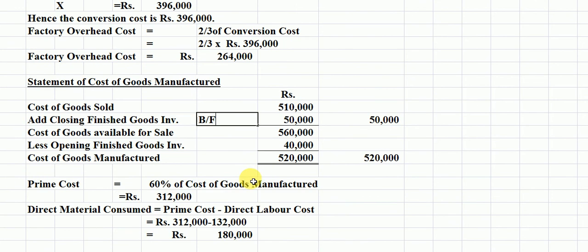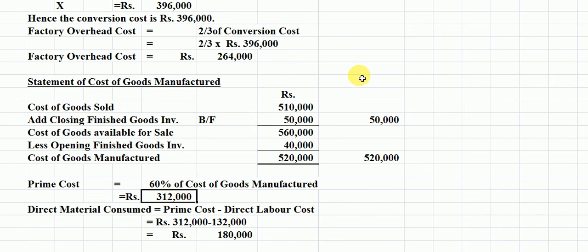Dear students, prime cost is 60% of cost of goods manufactured. So to find direct material consumed, we have to take 60% of 5,20,000 rupees.